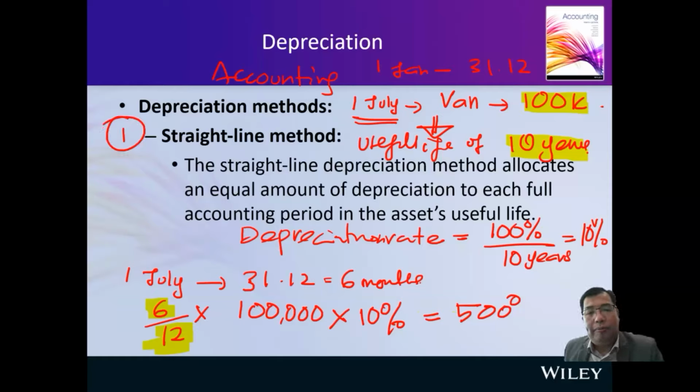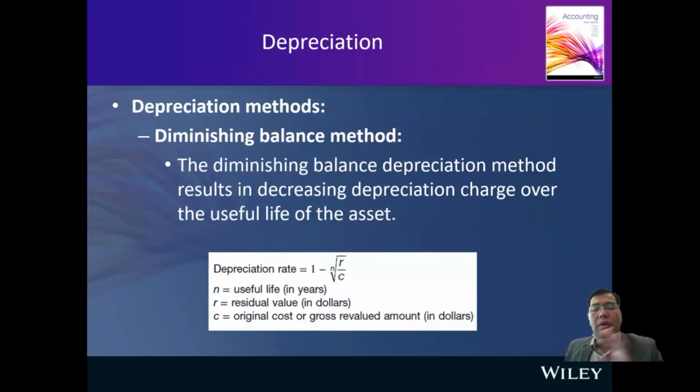Method number 1. Now we move to the second method, that is the diminishing balance method, or sometimes we call it the reducing balance method. Another name for this is the declining balance method.